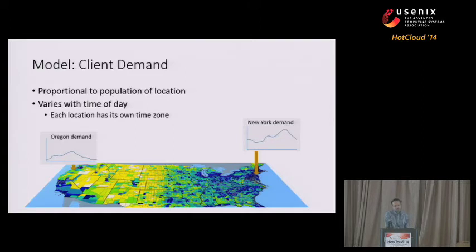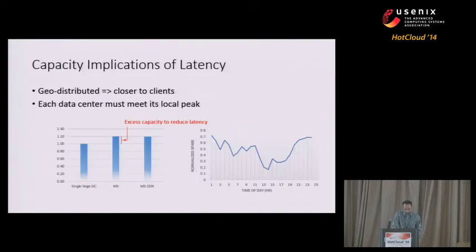Working with this model, let's try to compute what the capacity implications are. Just for example, let's say we only wanted to do multiple data centers to make our system lower latency. We just wanted to be closer to the clients, forget failures. Then, compared to a single data center, where I would have the maximum statistical multiplexing advantage because I'll only be serving the sum of the peak demands, let's say I represent that as capacity 1.